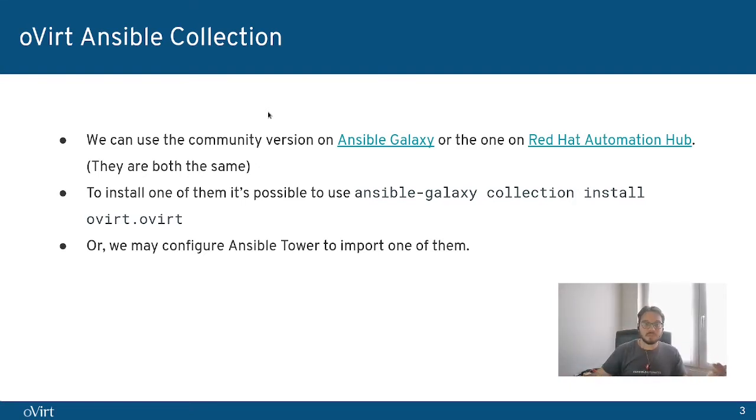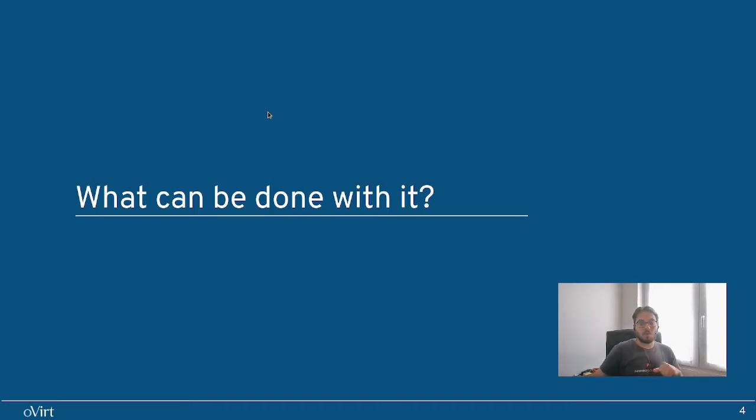So what can we do with our collection? With our collection, we can do everything that we already could do with the single modules or using the single Ansible oVirt roles. So let's see just some examples.